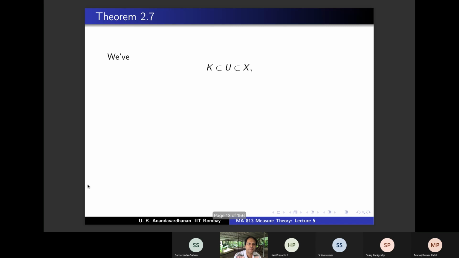Okay, so let's start. This doesn't have a name, so I have given the theorem number. You have a topological space X, and you have a compact set contained in an open set. K is compact and U is open, and X has some property. X is of course Hausdorff, and it is also locally compact. What is locally compact?